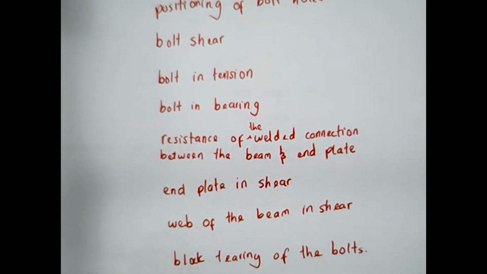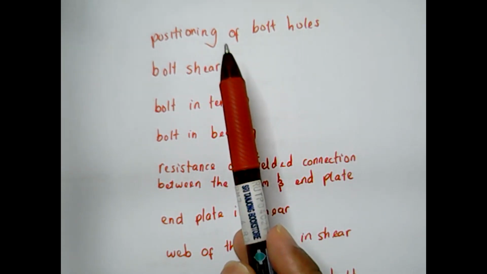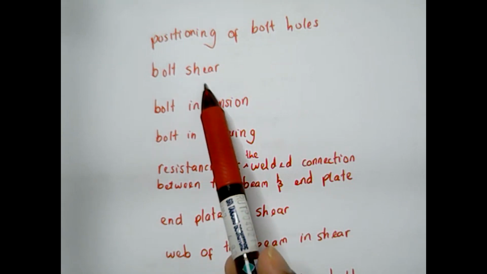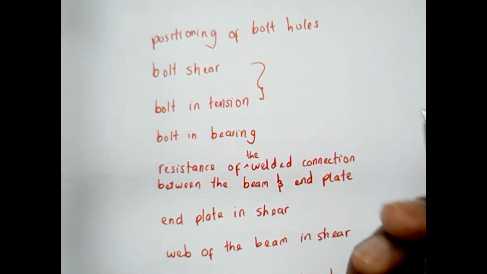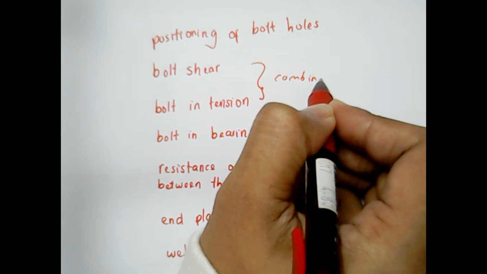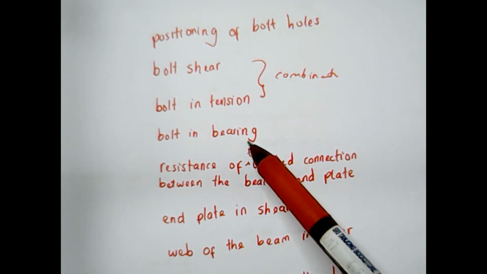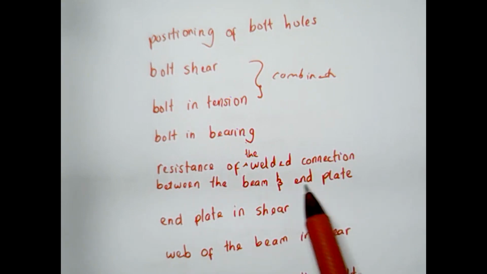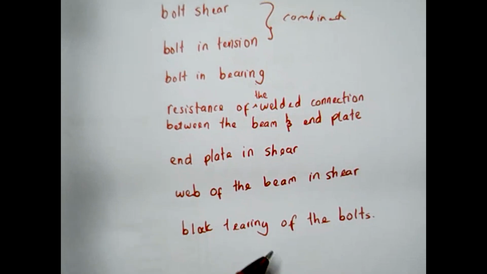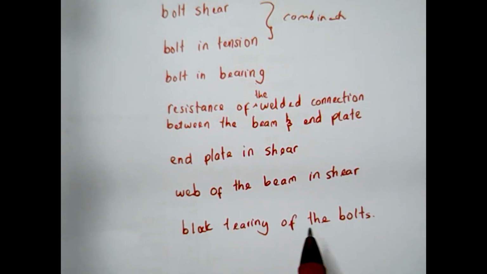To list the mechanisms, here are the things that you need to check: first, positioning of bolt holes, whether it is within the allowable limit or not; bolt under shear; bolt in tension; and also the combination of bolt in shear and tension; and then bolt in bearing; resistance of the welded connection between the beam and end plate; and then you need to check the end plate in shear, web of the beam in shear, and block tearing of the bolt group.